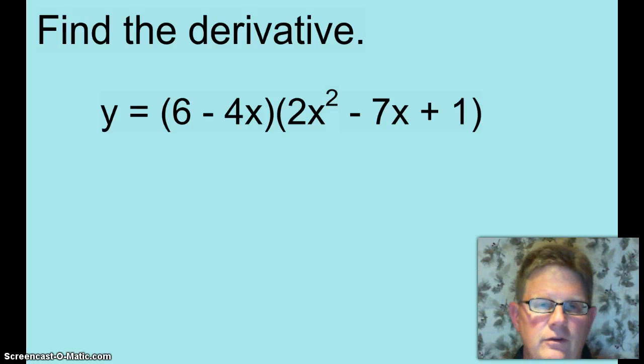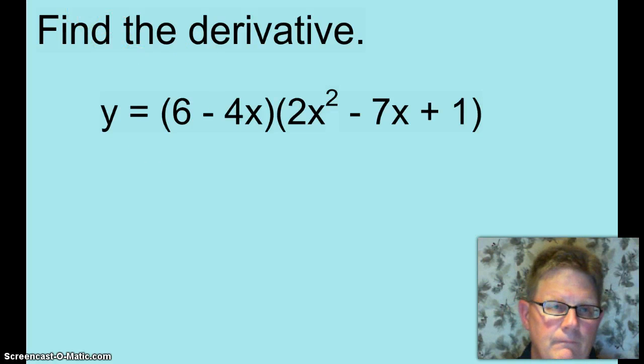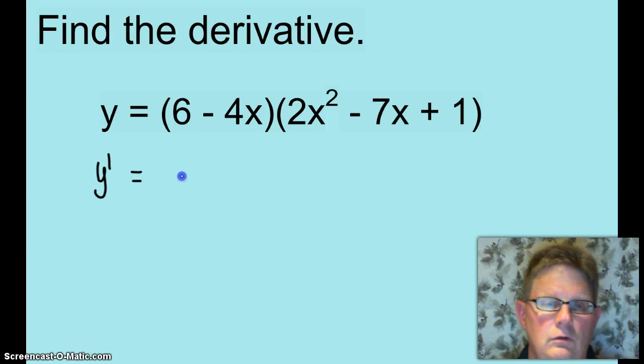Okay, find the derivative. Alright, here we go. Ready? Let me grab the pen. Y prime equals 6 minus 4x. What's the derivative of that? Yes, that is correct.